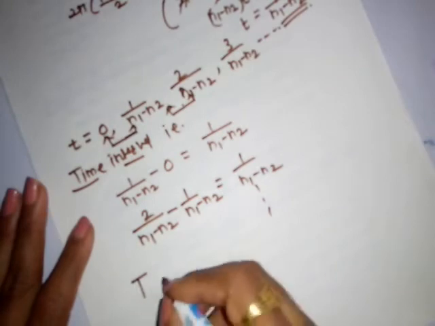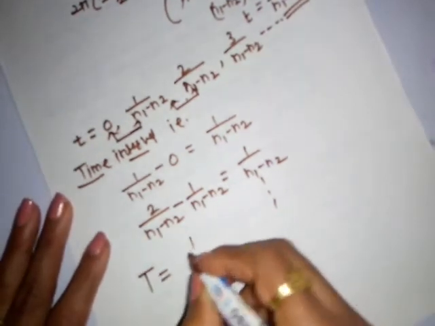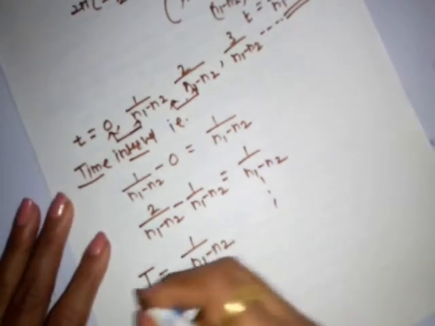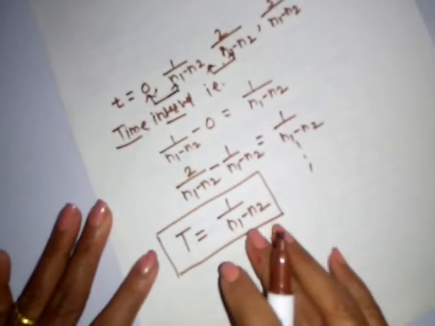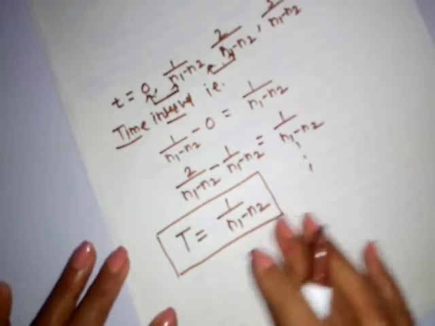That is, the periodic time of beat frequency is nothing but 1 upon n1 minus n2. This is the time interval between the two waxing points or the maximum amplitude points.